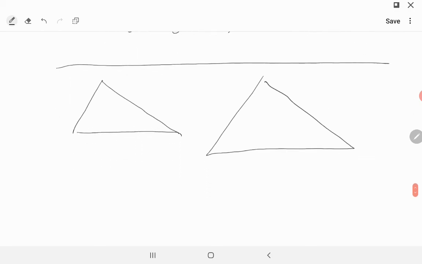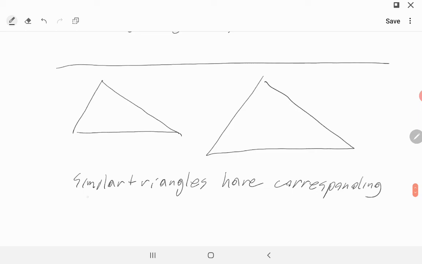We notice that similar triangles have corresponding sides with a fixed ratio. So what does that mean?